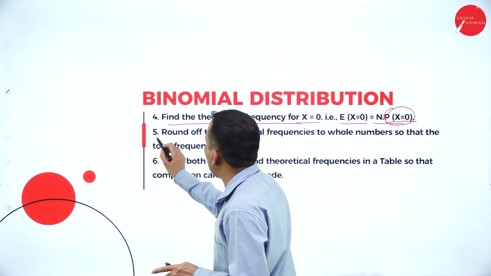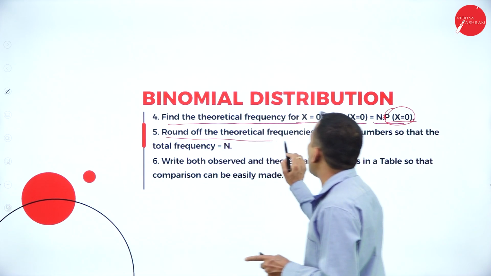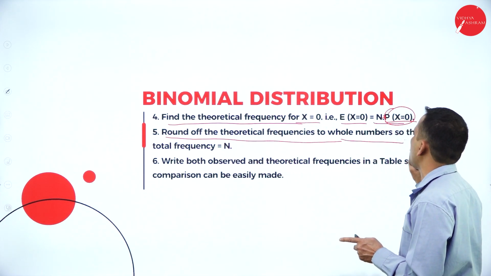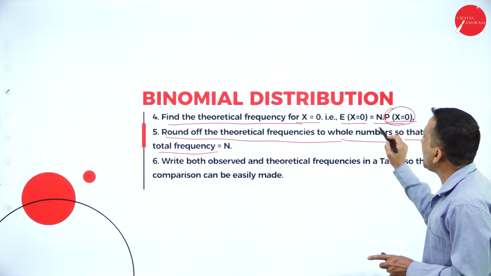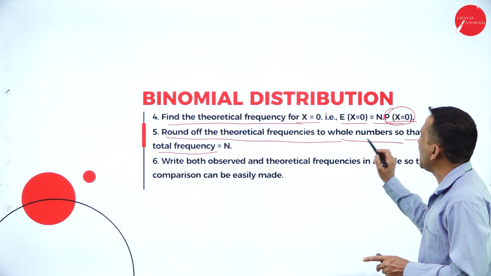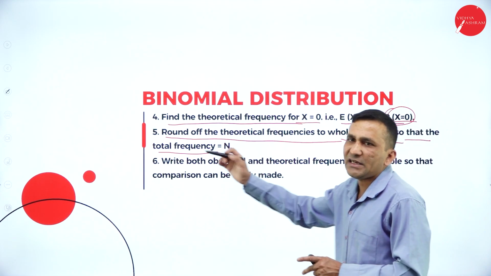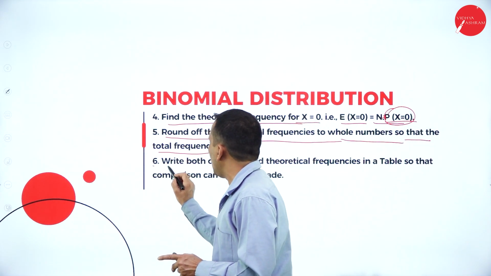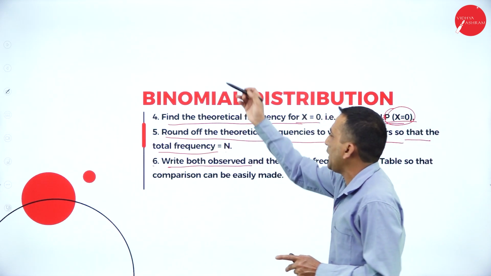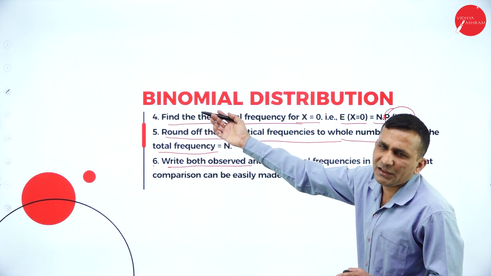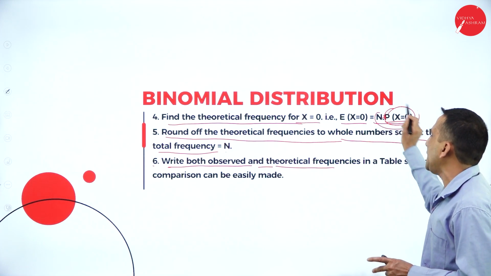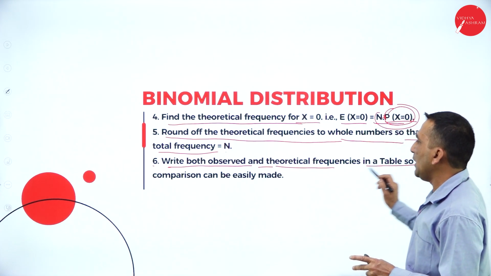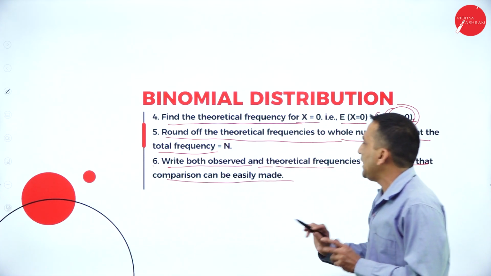Fifth step is to round up the theoretical frequency to a whole number, so that the total frequency matches. After getting the theoretical or expected frequency, we round off to the next bigger value. Sixth, write both the observed frequency given in the question and the calculated theoretical frequency in a table, so that the comparison is easy.